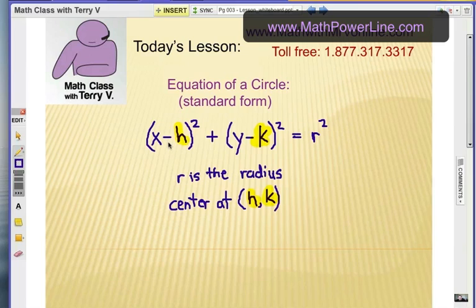So we have to be able to write a squared binomial, and we have an x group and a y group. The h and the k that we can take out from this form gives us the center of the circle, and the constant on the other side is the radius squared. So we can figure out the center of the circle and the radius, and then it's really easy to graph it. So let's look at a couple of these equations for you to try.